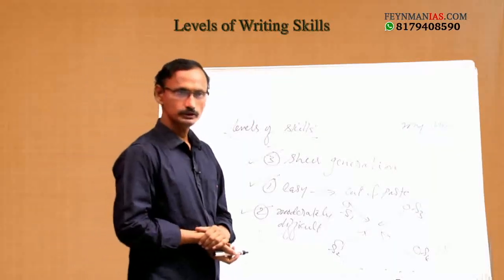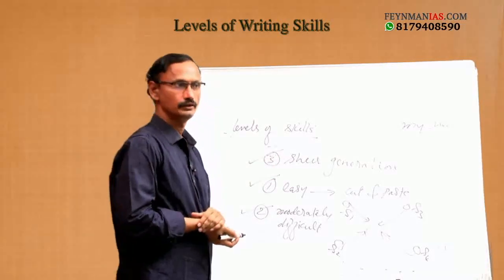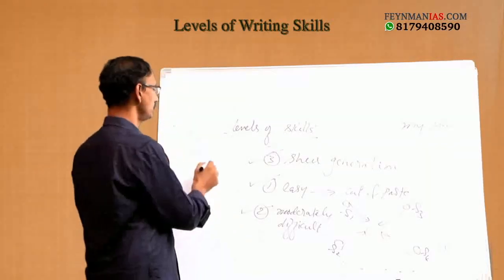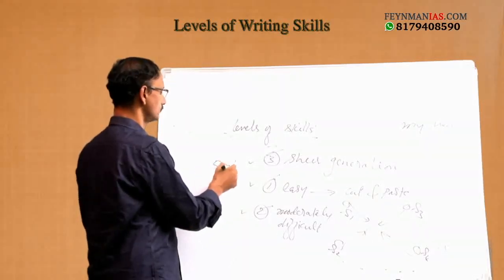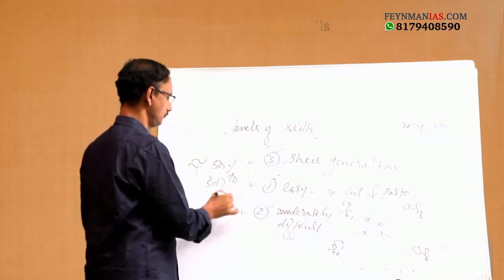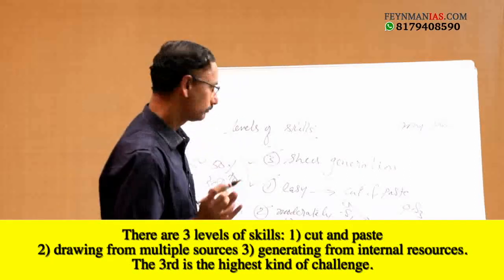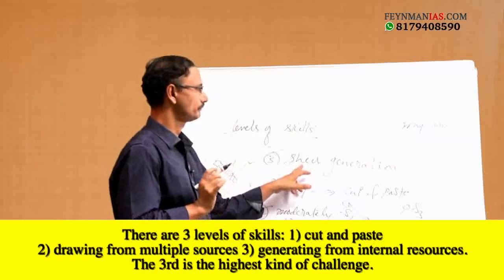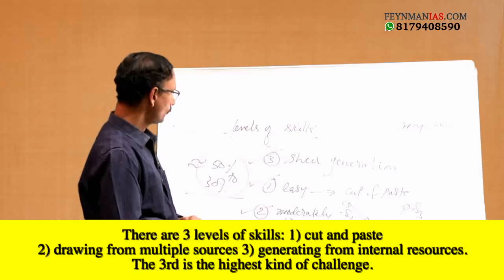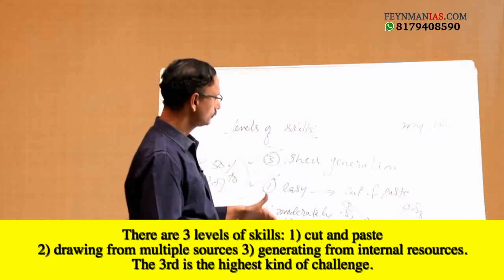If one is in a position to do the third level of answer, then I can say a huge part of your preparation is completed, maybe around 50%, or at least from 30% to 50%, if you have reached this kind of writing skills. Okay. So there are different levels which you should master.